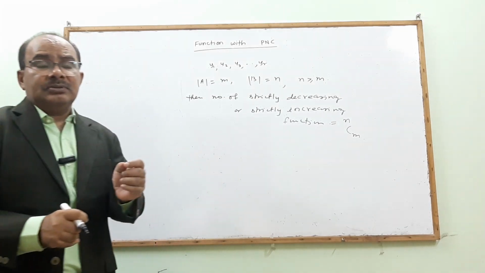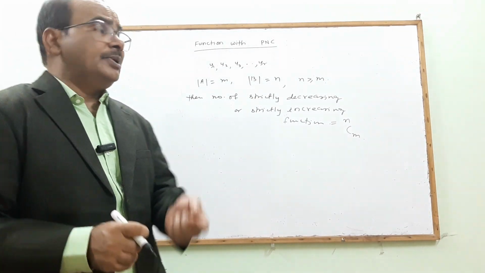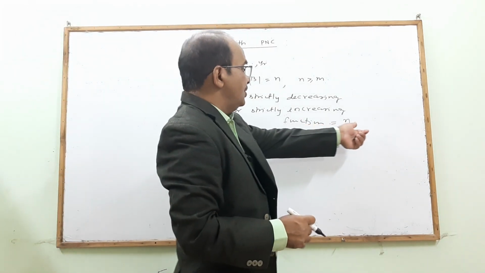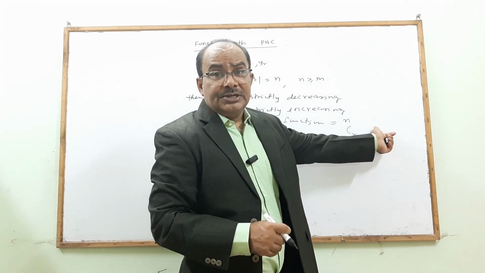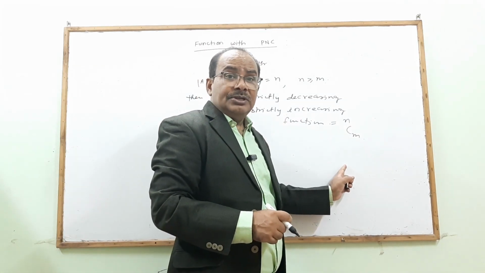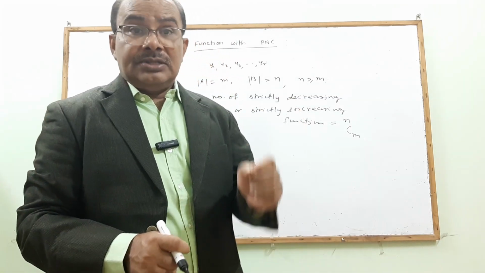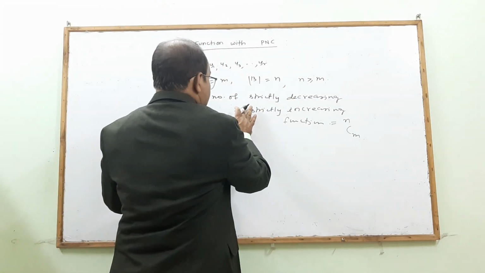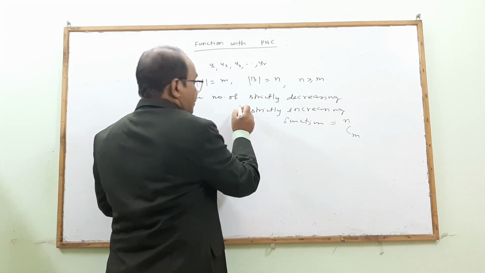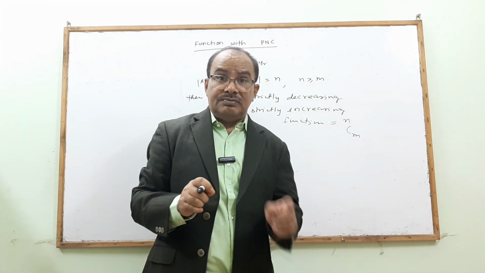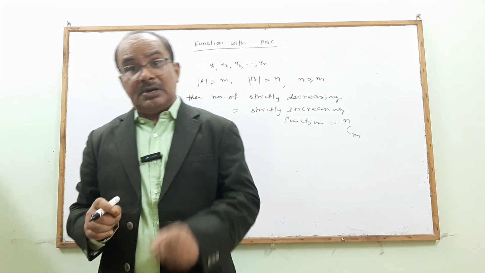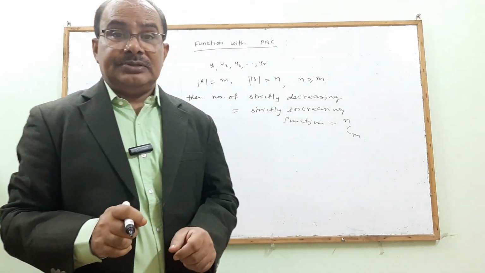Means the number of selections of m elements out of n elements from set B. This will give the number of strictly decreasing functions. For clarity, write it: the number of strictly increasing functions will be equal to the number of strictly decreasing functions.